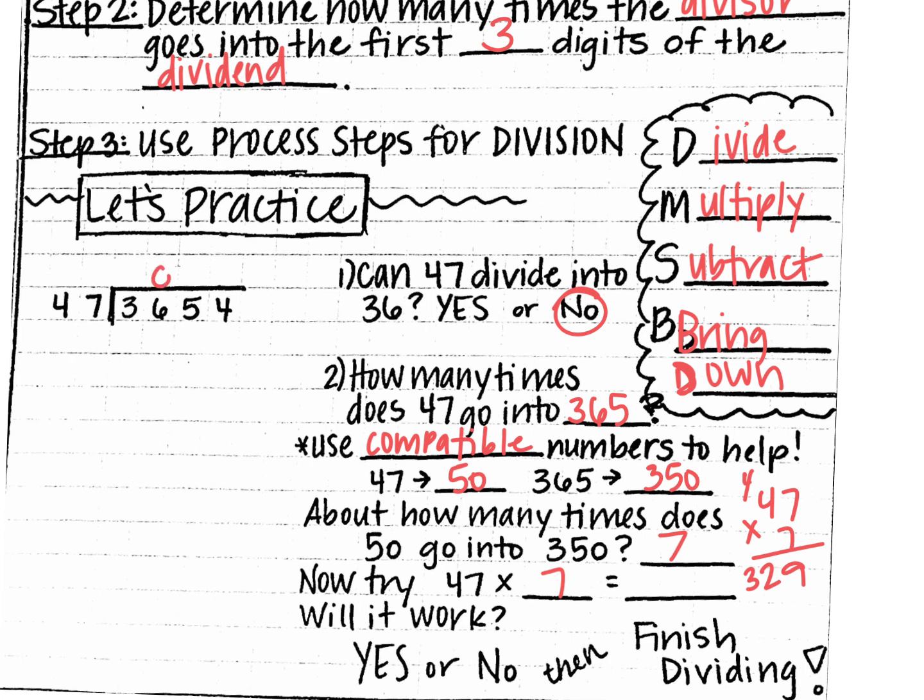So I'm going to go ahead and mark my placeholder here so I make sure I put the 7 in the correct spot. 7 goes above the 5 because I divided 47 into 365 7 whole times. Now I multiply. 47 times 7 was what? 329. Now I subtract.